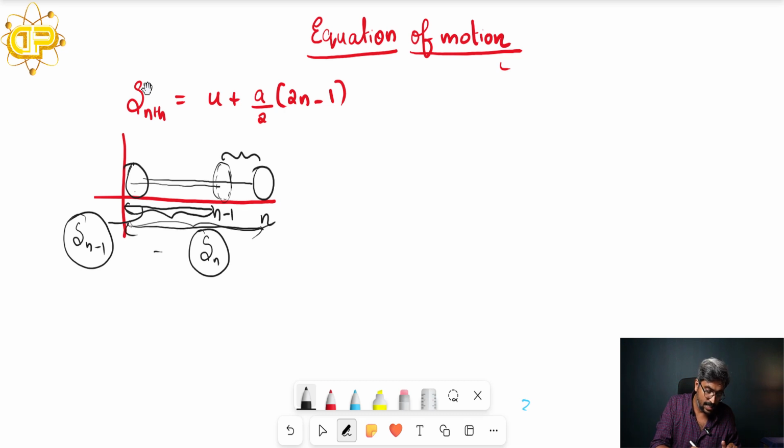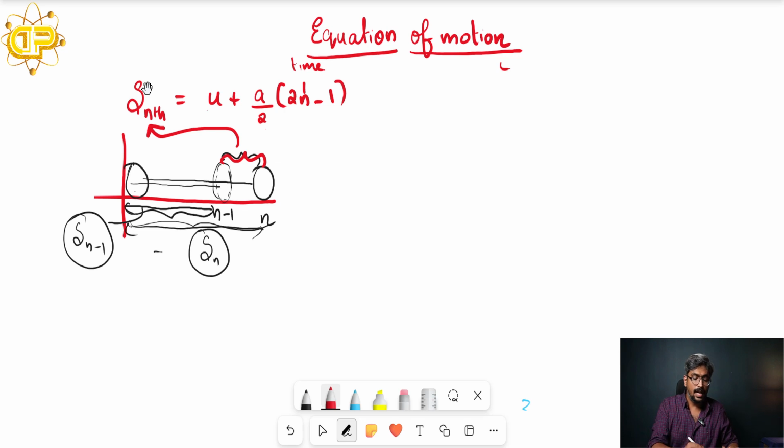This displacement is otherwise known as Snth, that is the displacement from n minus 1 to n. And that is equal to u plus a by 2 into 2n minus 1. Here n is the time. Just understand that.